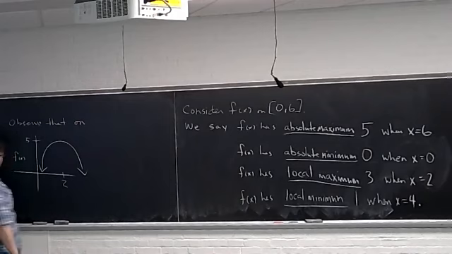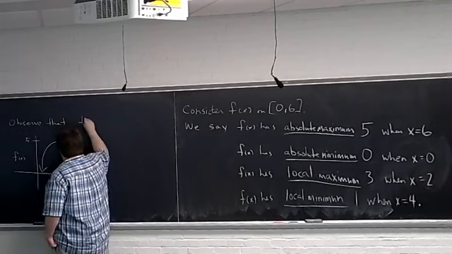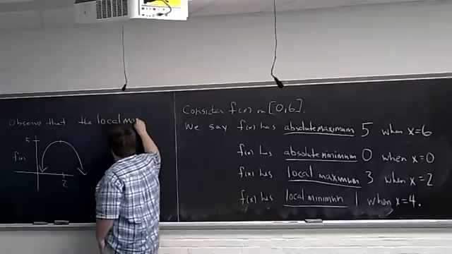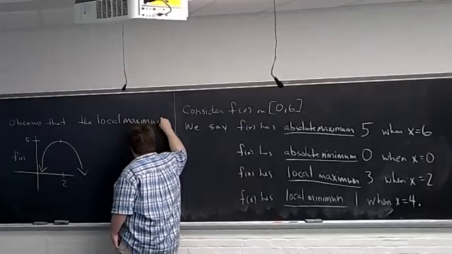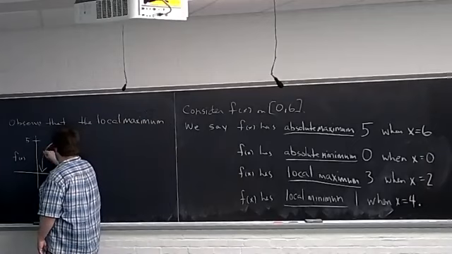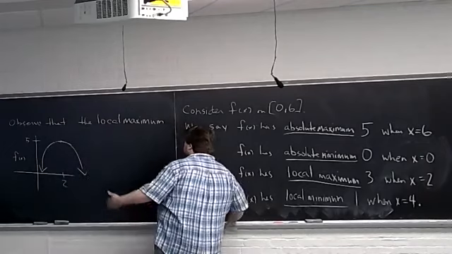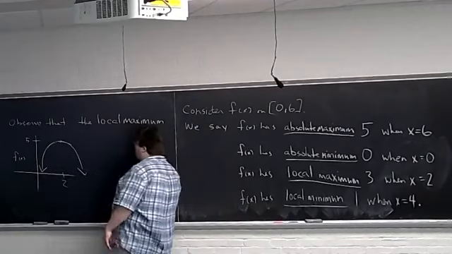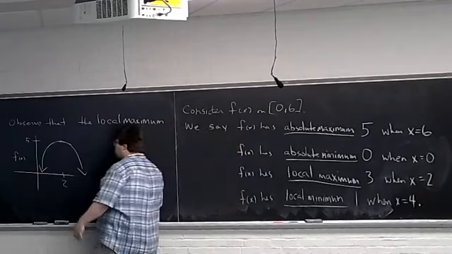Let's just say observe that in this function, the local maximum is still the top of this mound. But what if I asked about an absolute maximum? Well, the absolute maximum is still the largest value it hits. The largest value the function hits is 5. So in this case, the local maximum is also an absolute maximum.